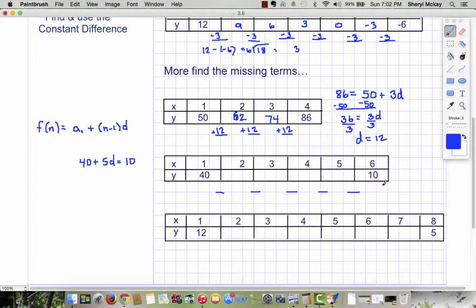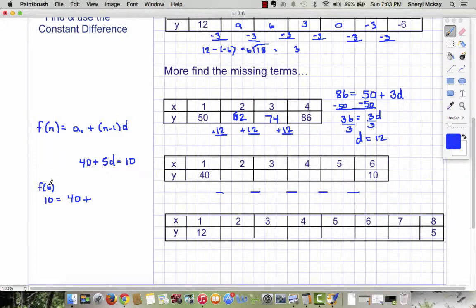Well, if we wanted to figure out what the 6th term was, we could say that f of n, which is going to be f of 6, which is equal to 10, is equal to our first term, 40, plus our n, which was 6, right?